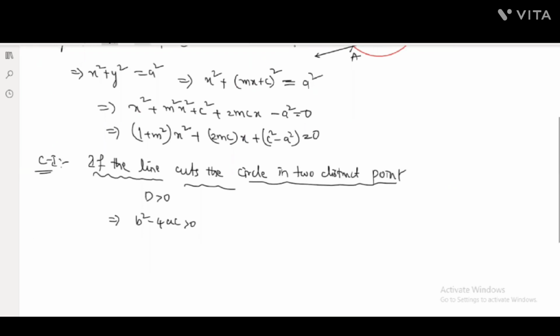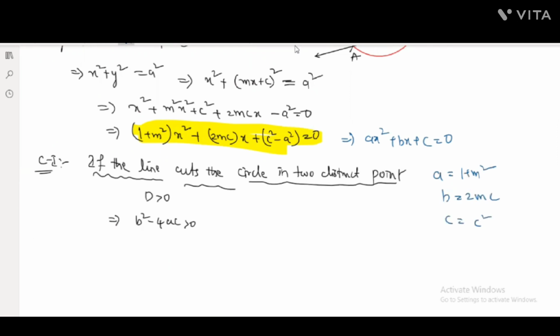When you compare this equation with ax square plus bx plus c is equal to 0, you will get the a value as 1 plus m square, the b value as 2mc, and the c value as c square minus a square.